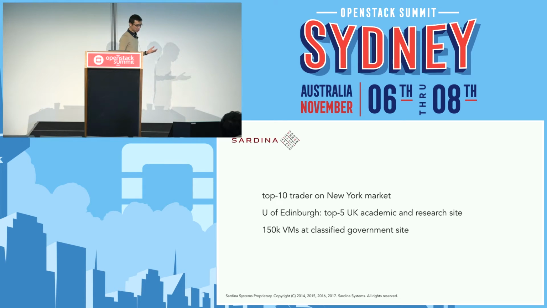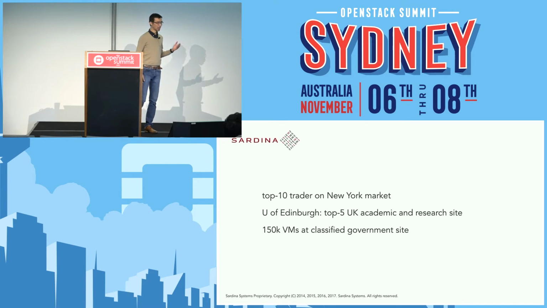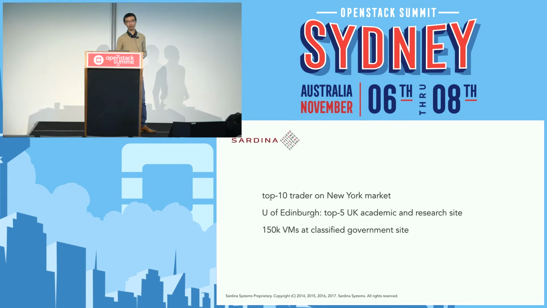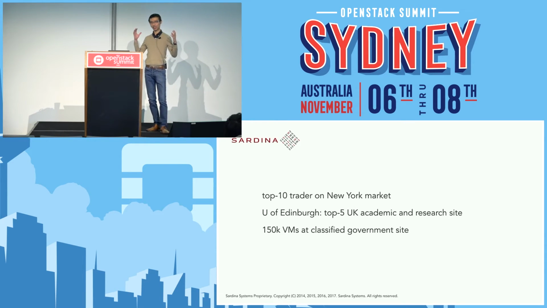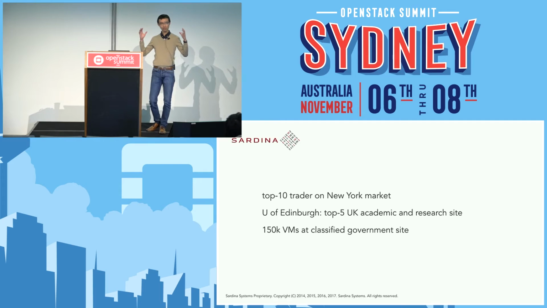The system is in production in sites including a top 10 trader on the New York market, and at University of Edinburgh, we run the university-wide private cloud. At a classified government site, we run as a single region 150,000 VMs.